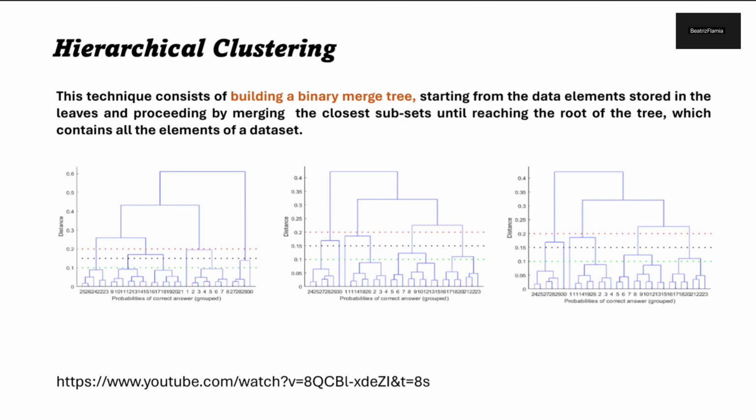For example, if you have a cut line here in this position, we have 1, 2, 3, 4 clusters. But if it goes down, with the line in black, we have 1, 2, 3, 4, 5, 6 clusters, and here 1, 2, 3, 4, 5, 6, 7, 8 clusters.